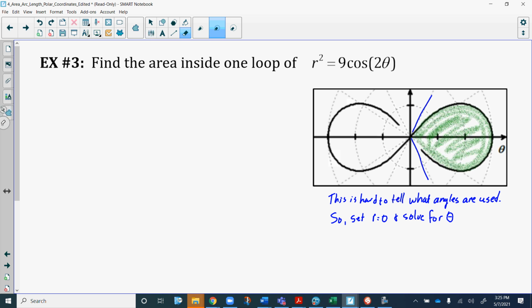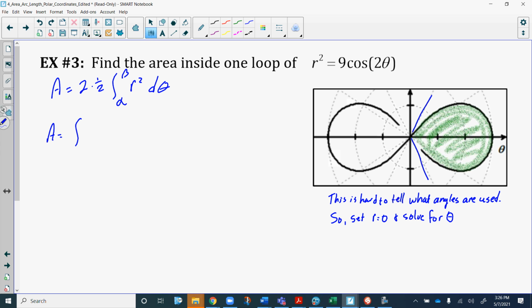So here, oops, turn my pen back on. I'm going to have the area. Now I'm doubling my value, so 2 times 1/2 times the integral from alpha to beta of r squared d theta is going to result in the area being equal to the definite integral, because 2 times 1/2 is just going to simplify to be 1.